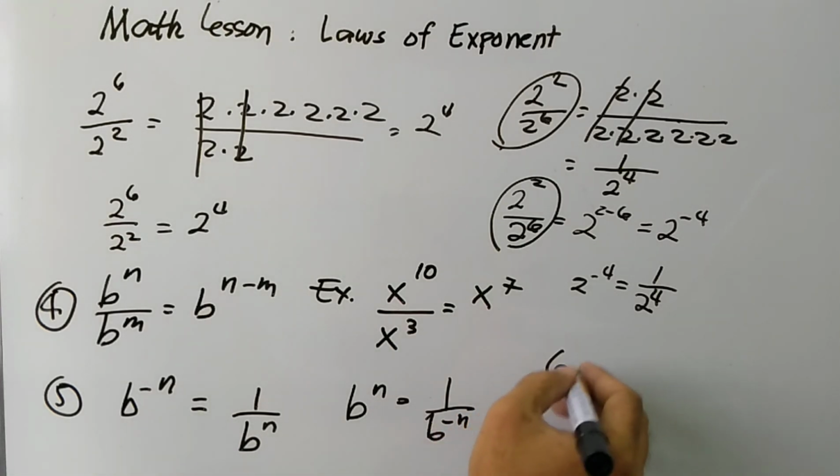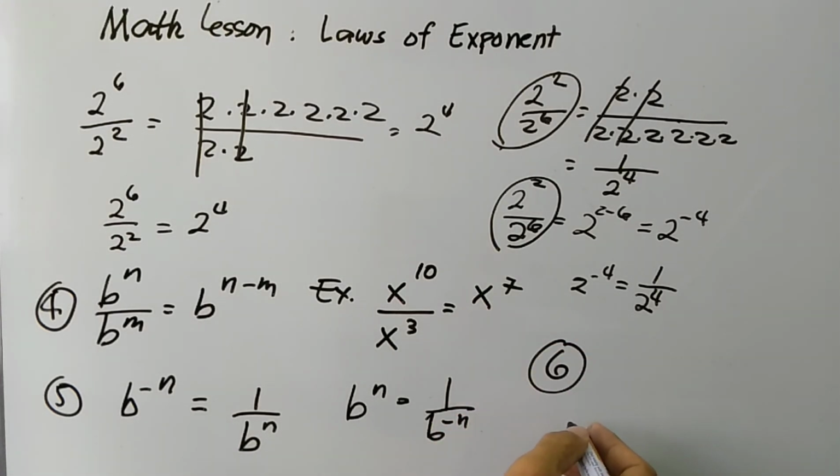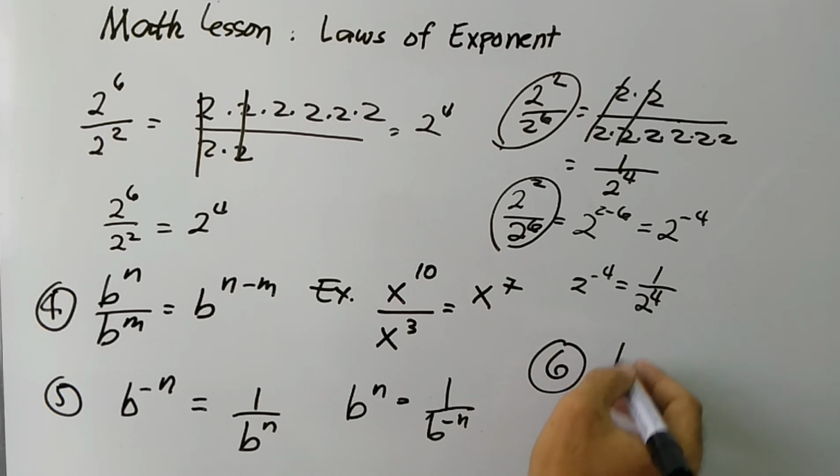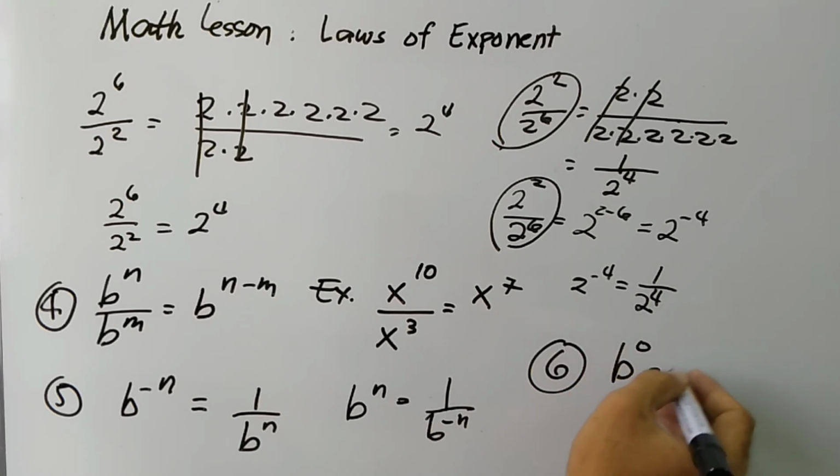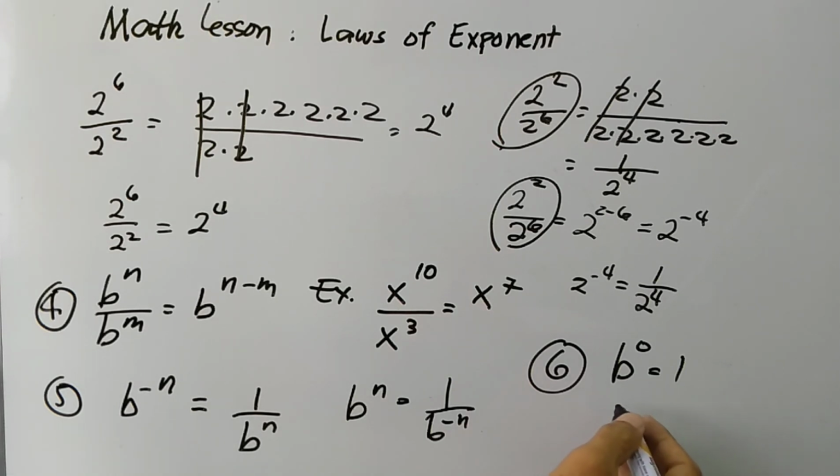And our sixth law of exponent is, if we have a number b raised to 0, the answer is always 1. Why is this so? We can have b divided by b equals 1. We can also apply rule number 4 for this. We have b raised to 1 minus 1.